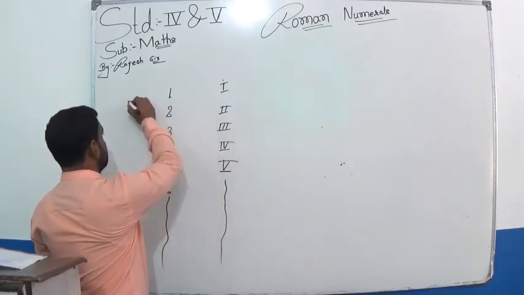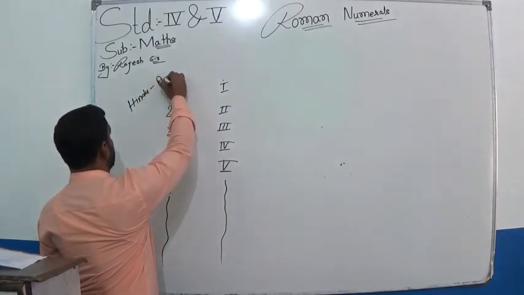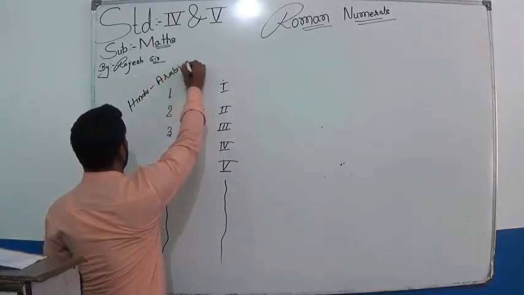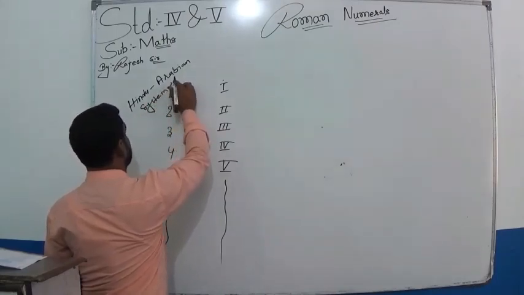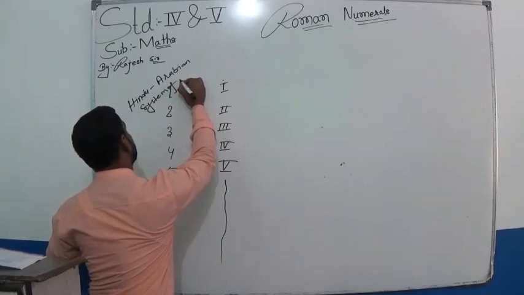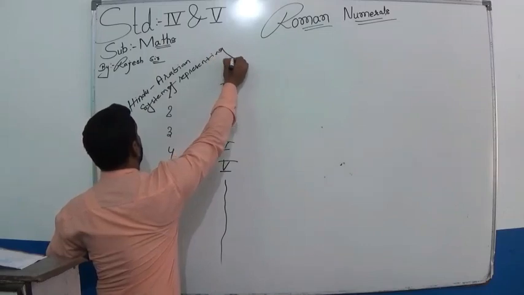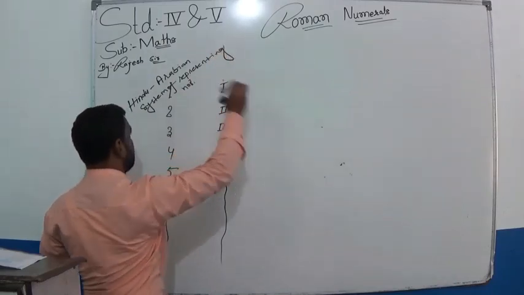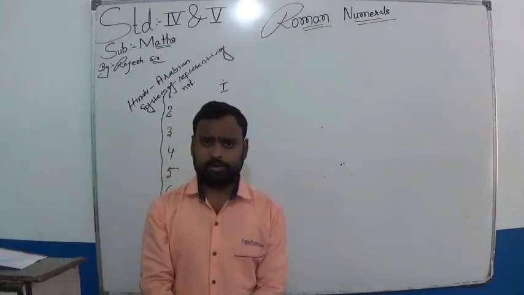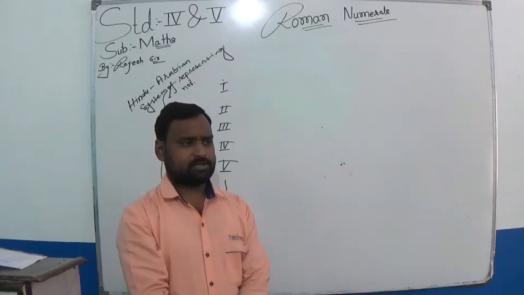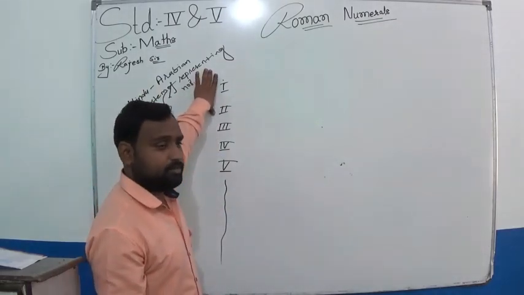This is the Hindu-Arabian system of representing numbers. This one, 1, 2, 3, 4, which we use for general purposes in mathematics, is the Hindu-Arabian system of representing numbers.